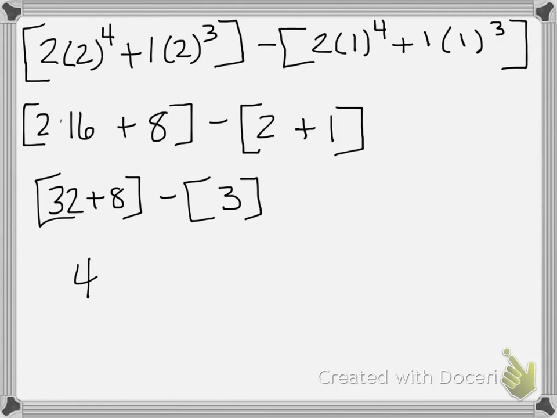So it's going to give us 40 minus 3, which is equal to our 37.